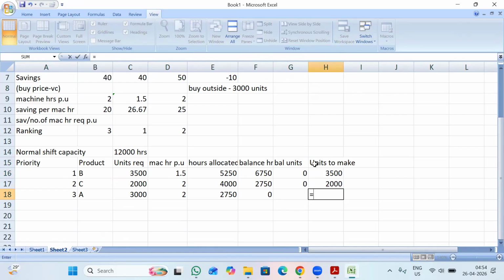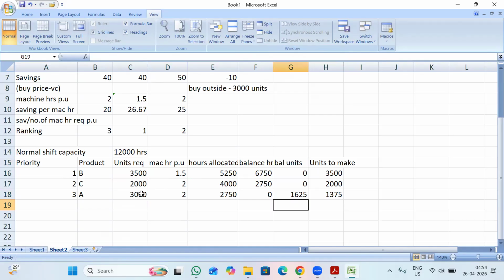I am having 2,750 hours, and I can produce 1 unit in 2 machine hours, so for 2,750 hours I can produce only 1,375 units. That means instead of 3,000, I am producing 1,375, so I need 1,625 balance units.